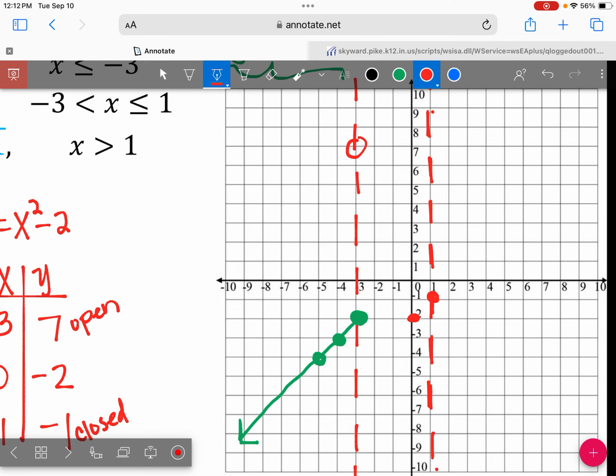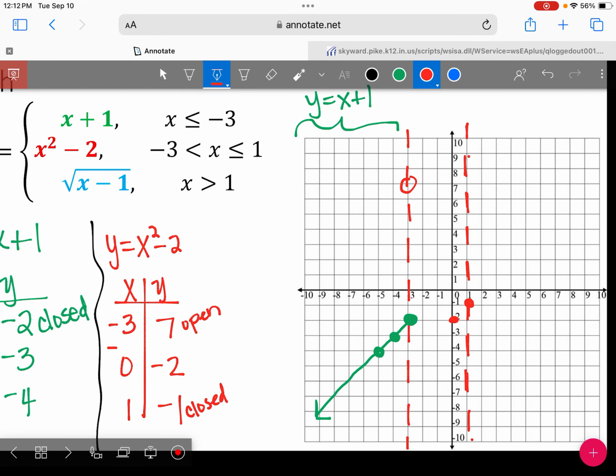That's kind of not enough. I feel like we need one more. Let's go ahead and put another one. Let's put -1 in. It would have to be a number between -3 and 1, right? Yeah, I just feel like right here, it doesn't look right to me. So I feel like I want some more points over here.